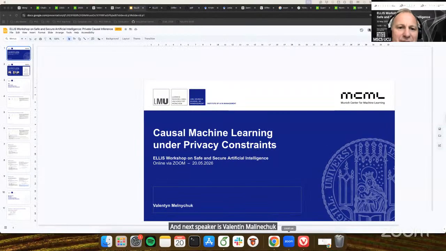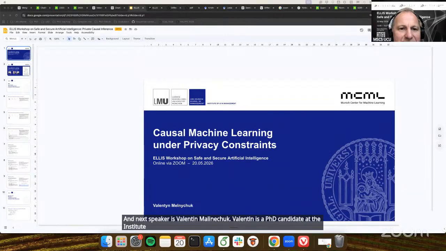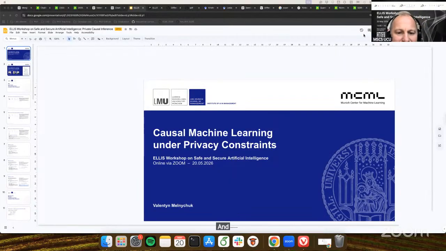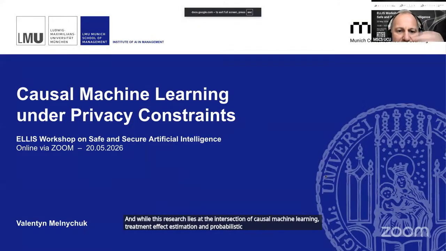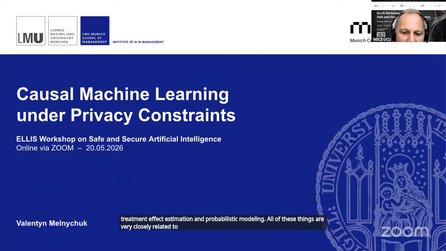Valentin is a PhD candidate at the Institute of AI in Management at the Ludwig Maximilian University of Munich. Valentin's research lies at the intersection of causal machine learning, treatment effect estimation, and probabilistic modeling. All of these things are very closely related to today's topics.